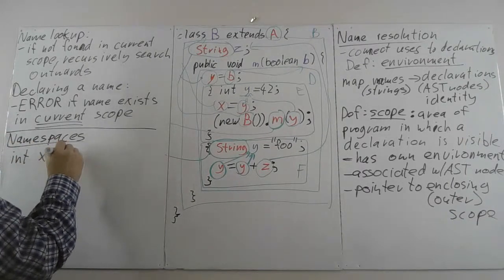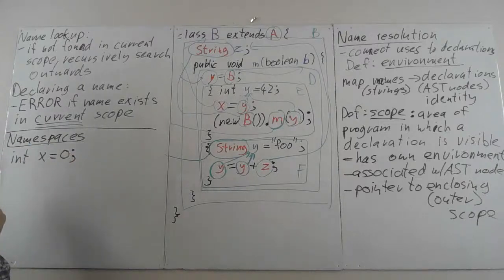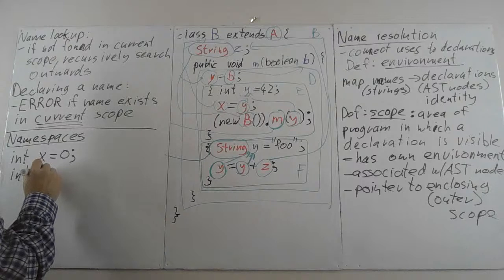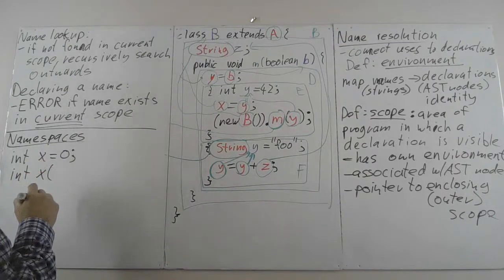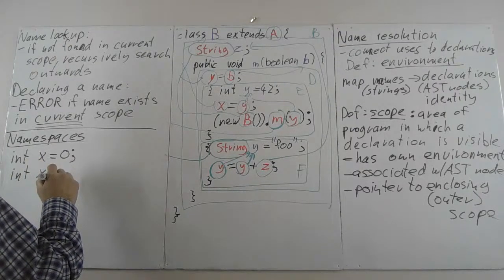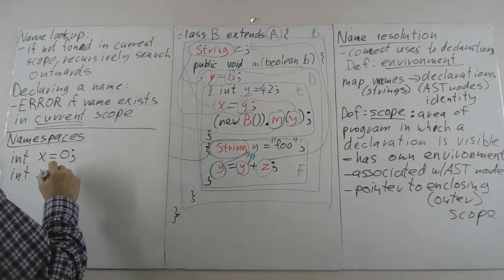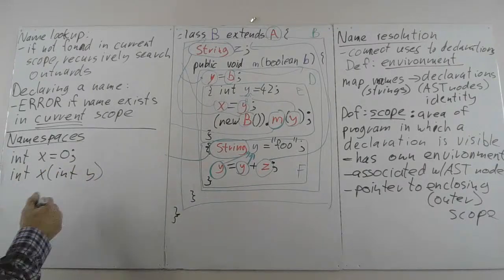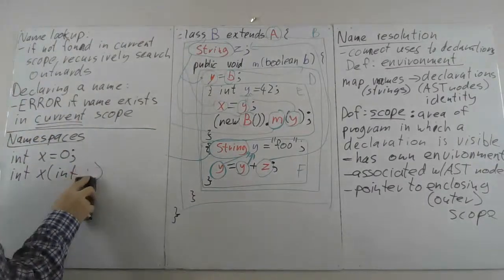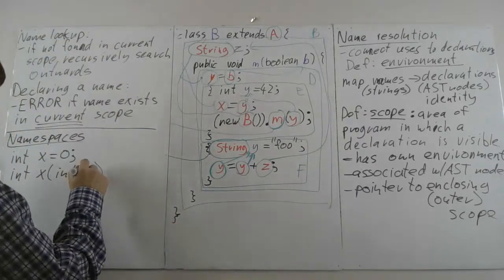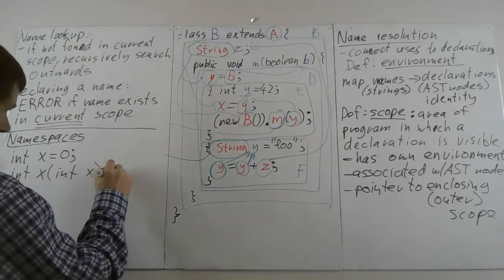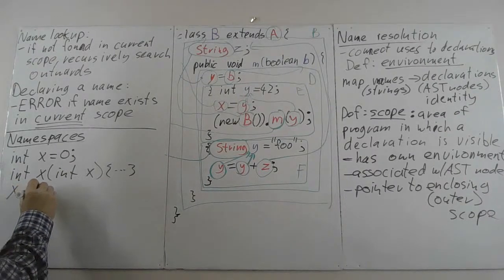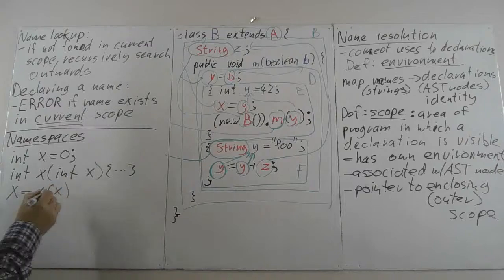I can declare a field named X, and then declare a method also named X, give it a parameter, which I could have even named X as well. The method has a body, and then I can say something like X equals X of X.